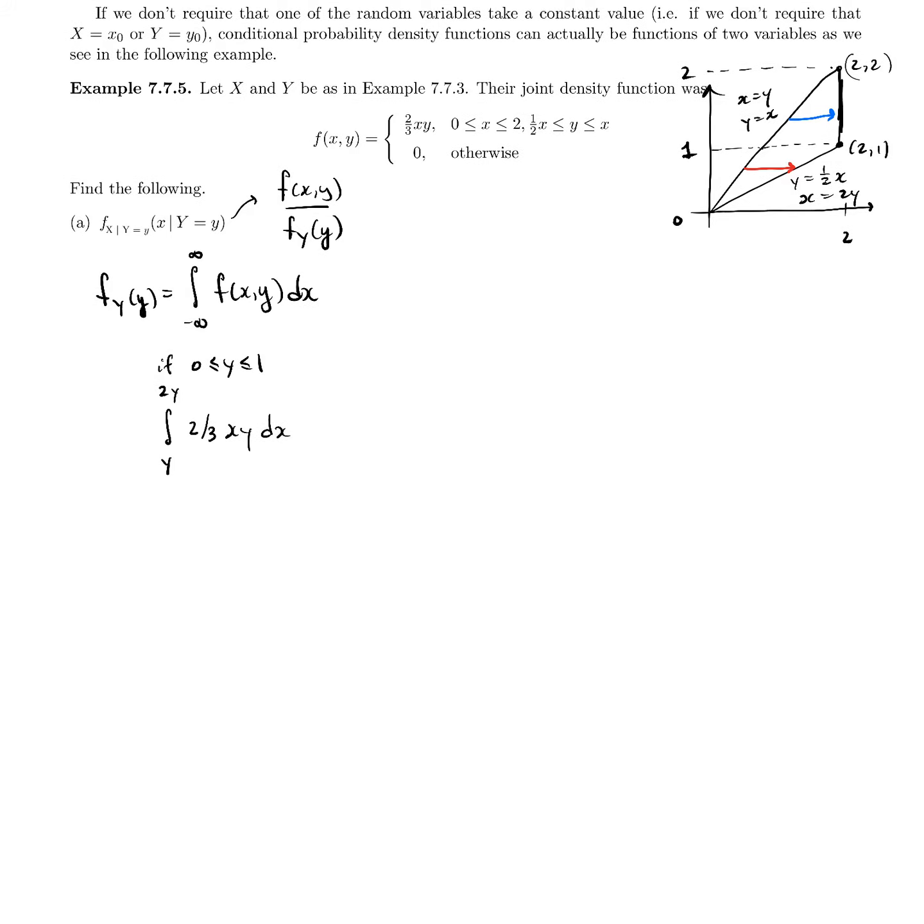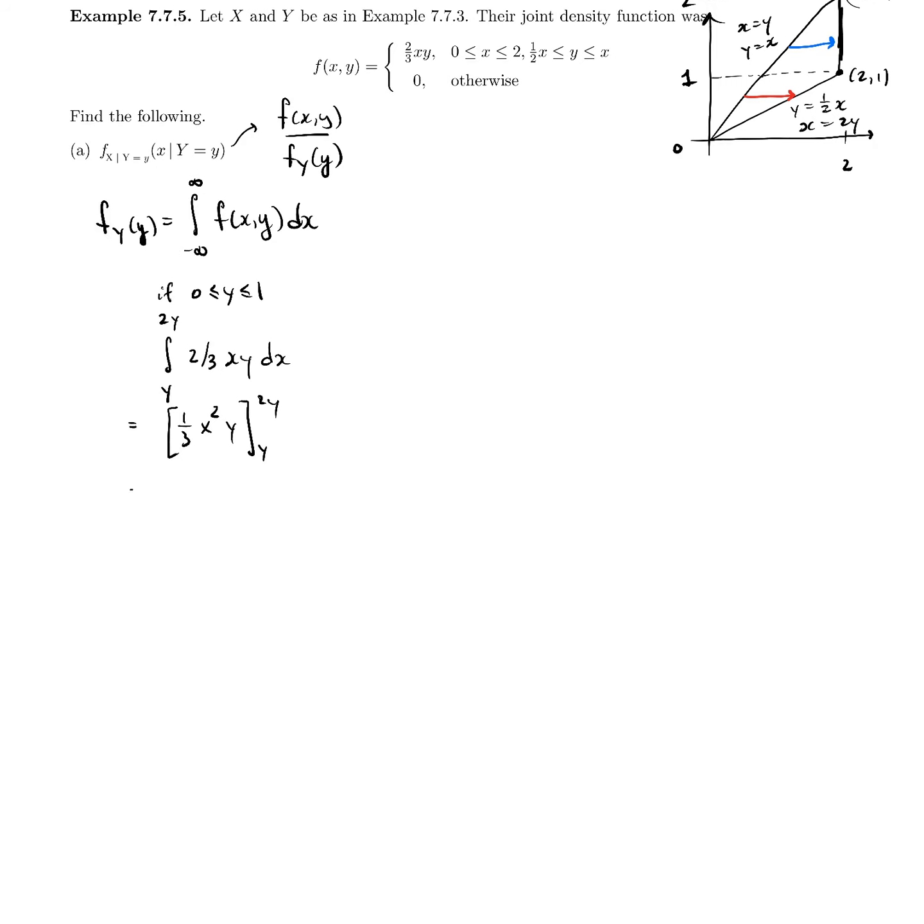And this integral is fairly simple to do, so we will anti-differentiate with respect to x. So we get x squared over 2. That cancels out the numerator of 2/3. So 1/3 x squared y from y to 2y, which is going to give us 4/3 y cubed minus 1/3 y cubed, or just y cubed.